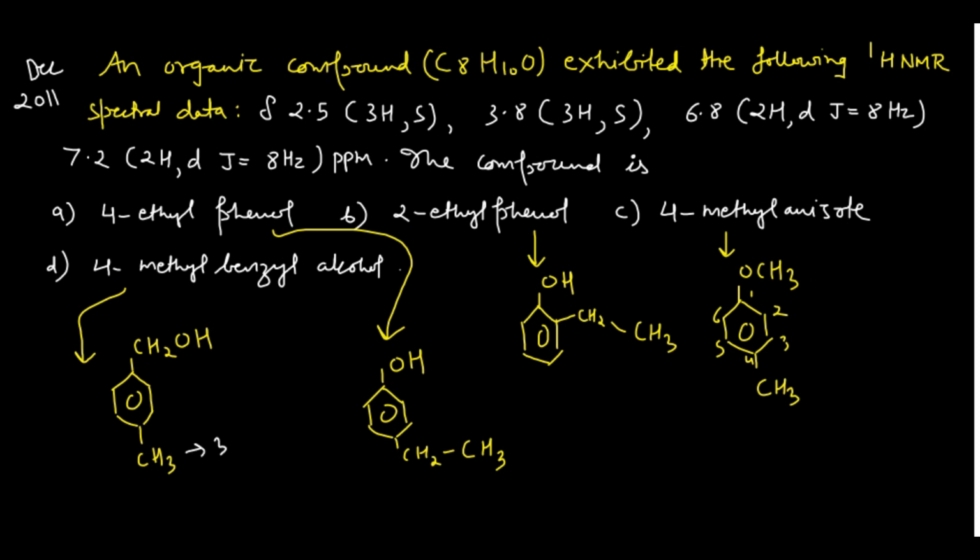You will get a 3 proton singlet for this one, and for this you will get a 2 proton doublet, because these 2 protons will be split by this H. Okay, and you see these 2 are sufficient, I think, and this will give you a 3 proton triplet, because it is split by the 2 protons in the neighboring carbon, and this will give you a 2 proton quartet. Why a 2 proton quartet?